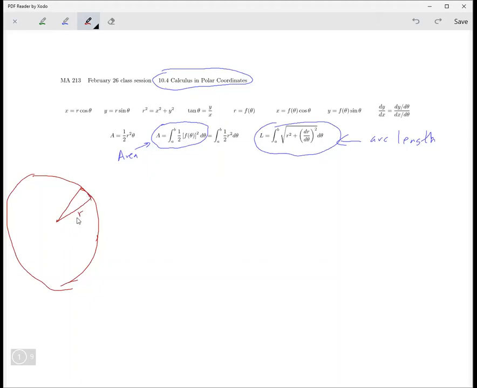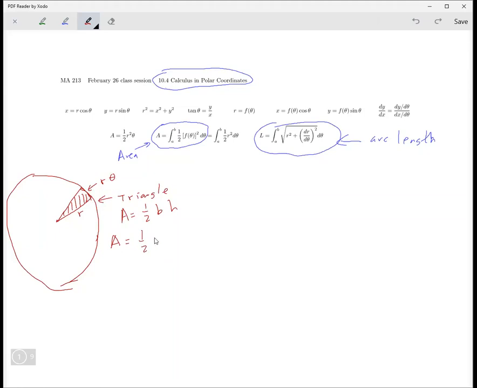If this is the radius r, this part right here is r theta. This piece is kind of like a triangle, and the area of a triangle is 1/2 the base times the height.